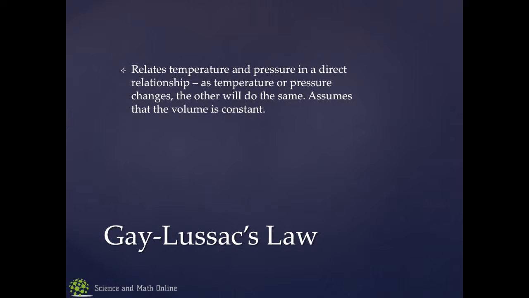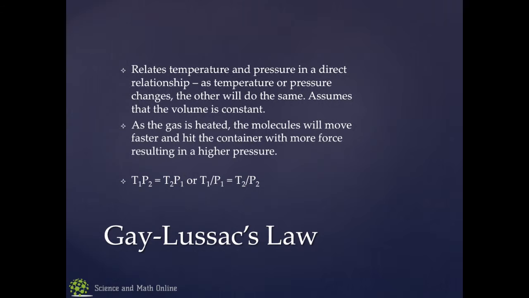But let's say I had a steel container. The volume won't change so easily. What's going to happen is the pressure is going to change. And so same principle in terms of the higher the temperature, the faster the molecules are moving, the harder they're going to hit the surface, or opposite. If I cool down the temperature, the molecules are going to move slower, they're going to hit with less pressure, and so on.